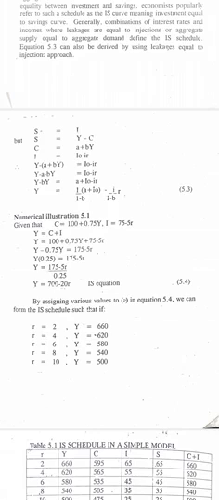Y is equal to, when the positive goes there, it becomes negative. That minus 0.7y is equal to 100 plus 75 minus 5r.